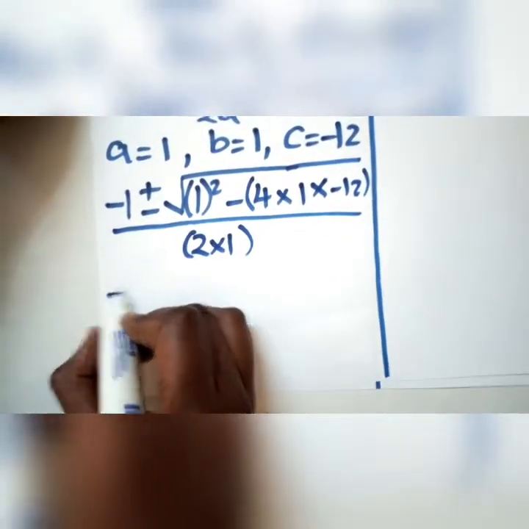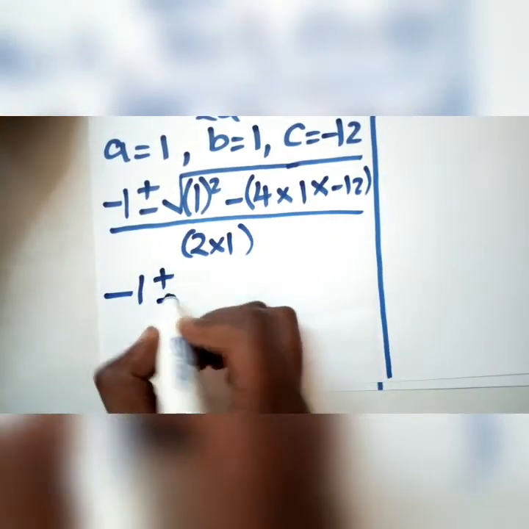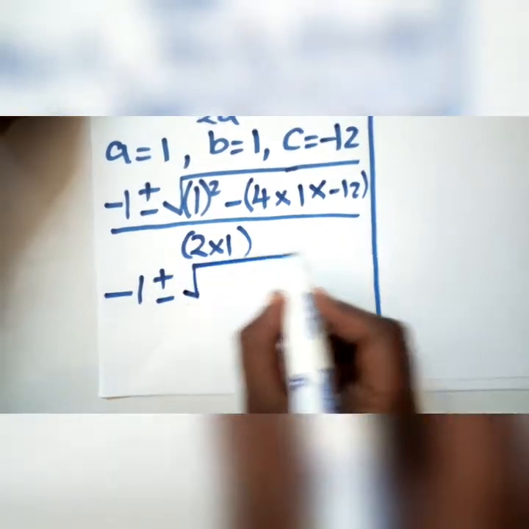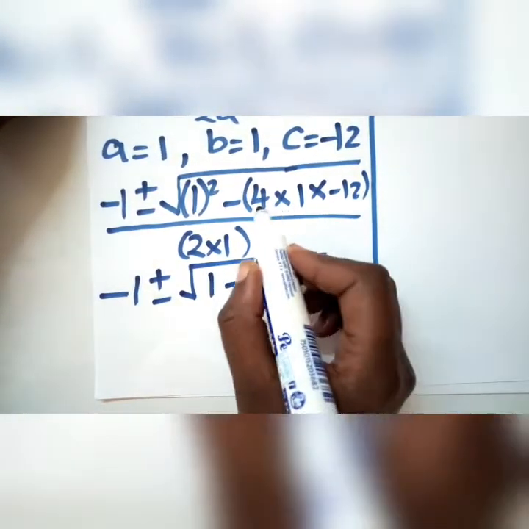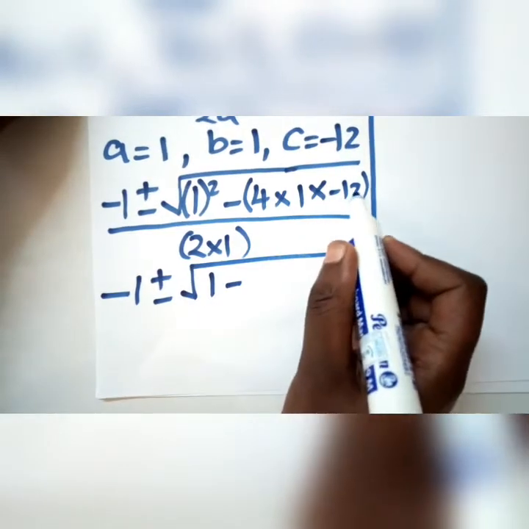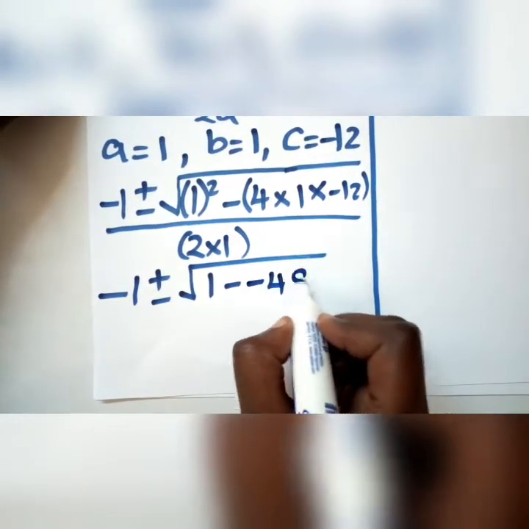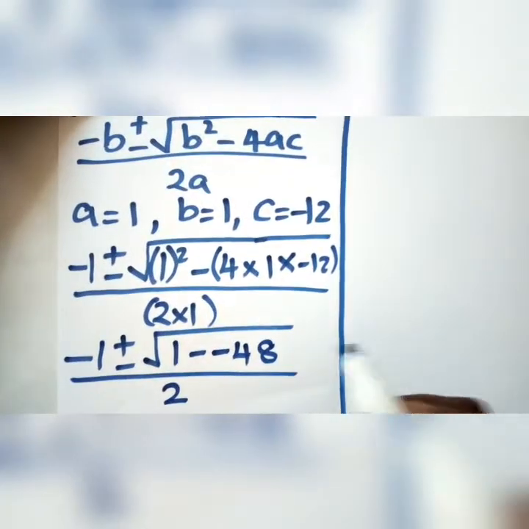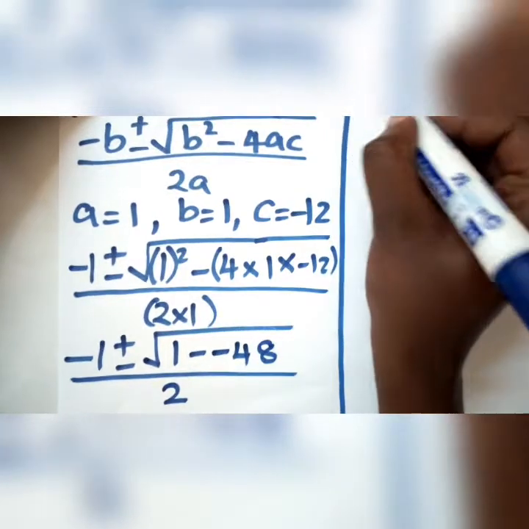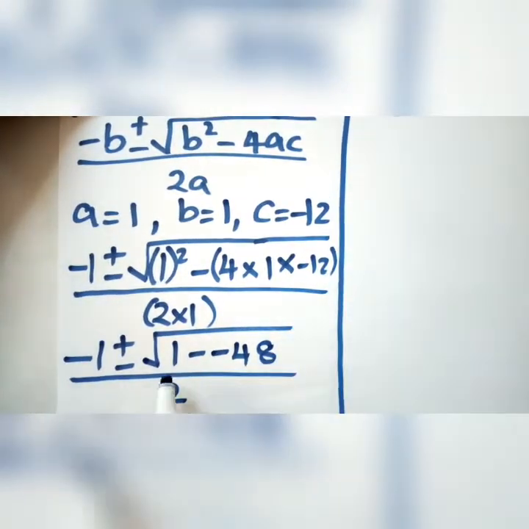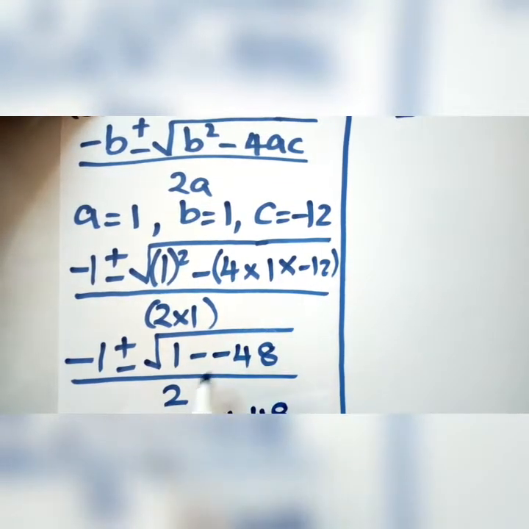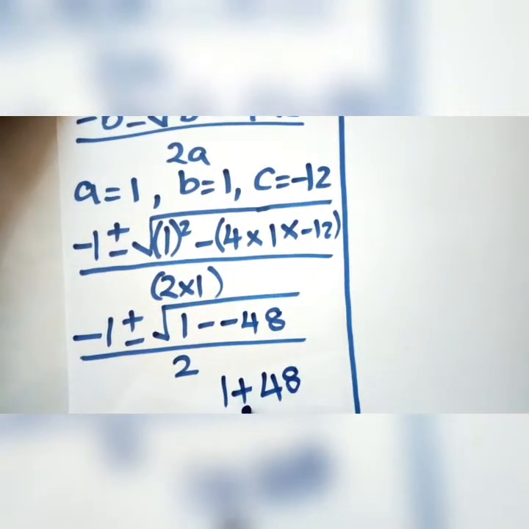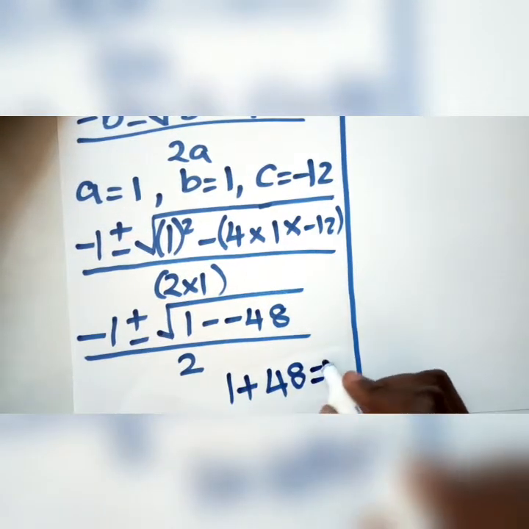So we have minus 1 plus or minus the square root of 1 squared, that is 1, minus 4 times 1, that is 4, times minus 12, that is minus 48, divided by 2. We continue up here: 1 minus minus 48 is the same as 1 plus 48, because two negative signs change and it becomes a plus. So 1 plus 48 is 49.